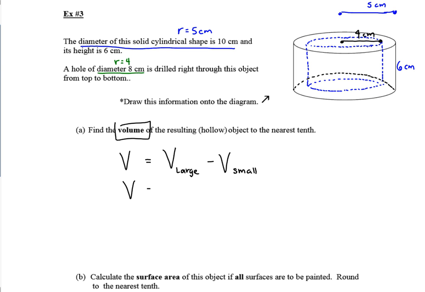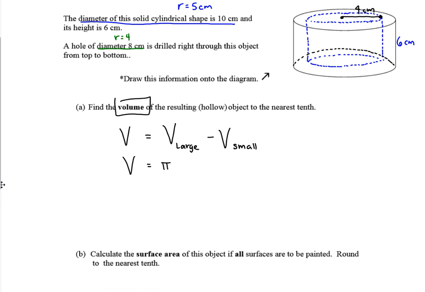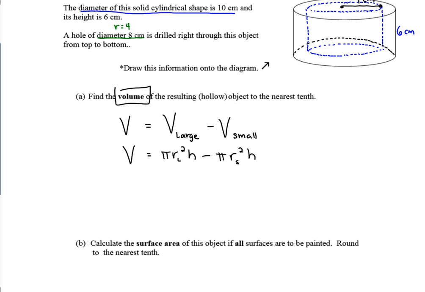What is the formula for the volume of a cylinder? Pi r, so radius large squared times h, minus pi radius small squared times h. Because the radiuses aren't the same, right? They're two different radiuses for the two different cylinders. Are the heights the same?